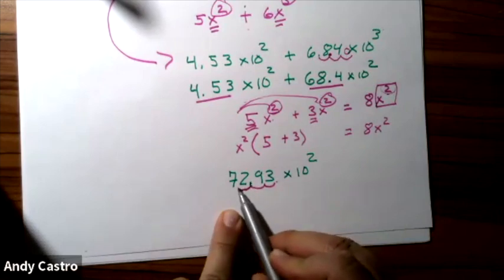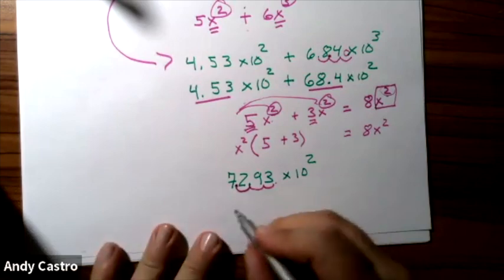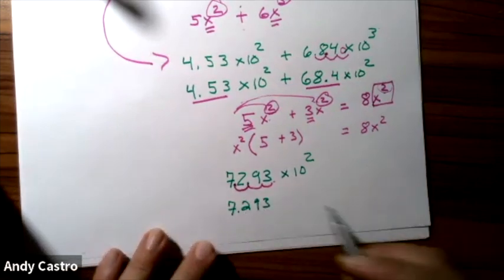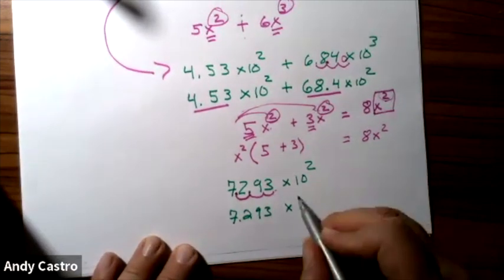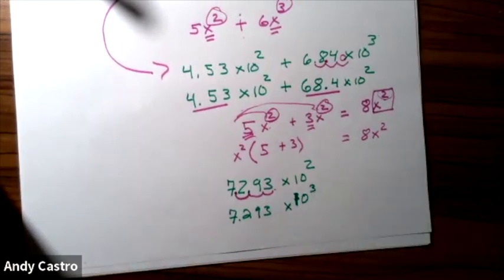If we move this to the left and made it 7.293, then this would have to move over 3. Whoops, times 10 to the third.